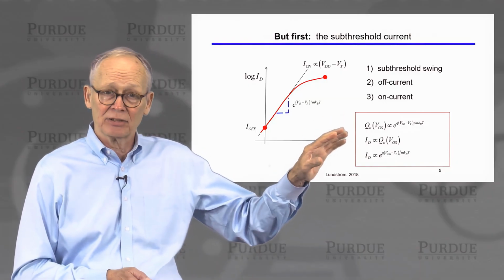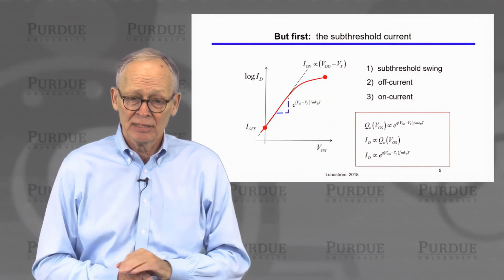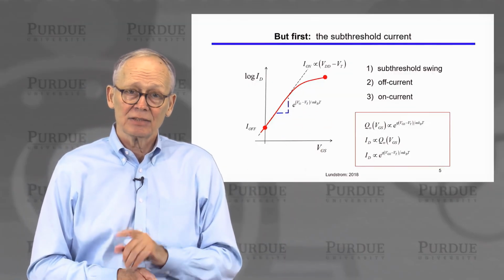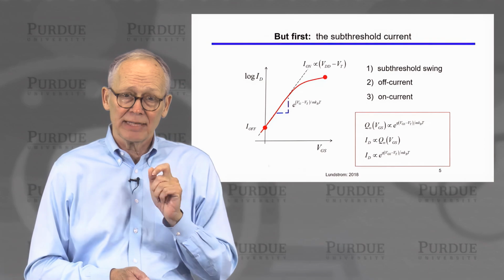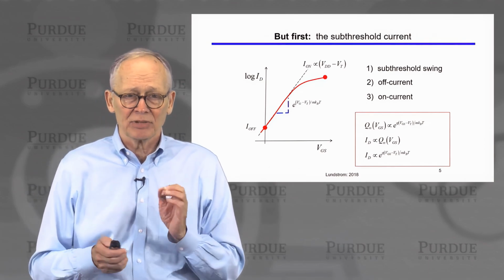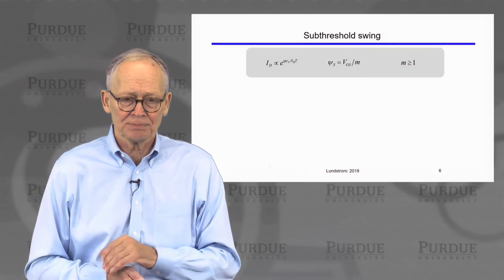We expect that the current will be proportional to the charge, so we would expect that the current is proportional to e to the q (V gate minus V threshold) over mkT, and we know that m would be 1 in a fully depleted ultra-thin body structure.